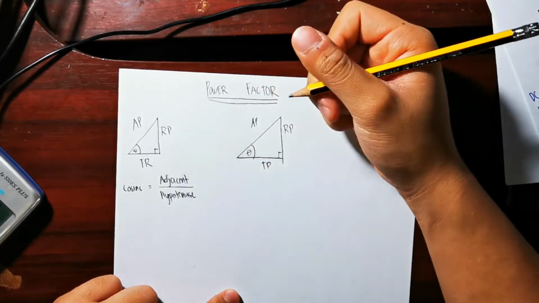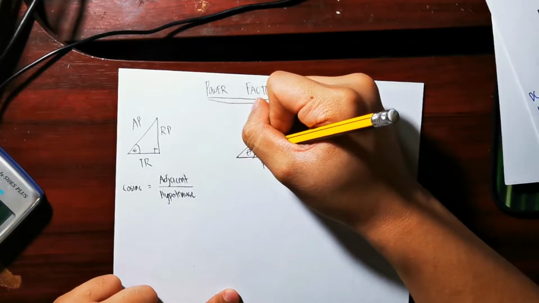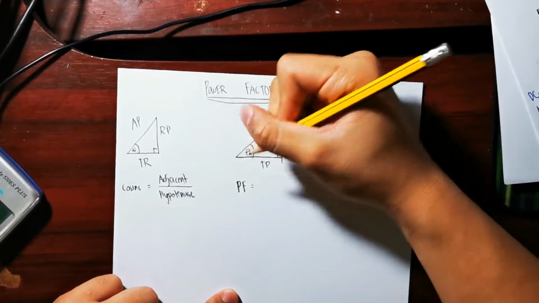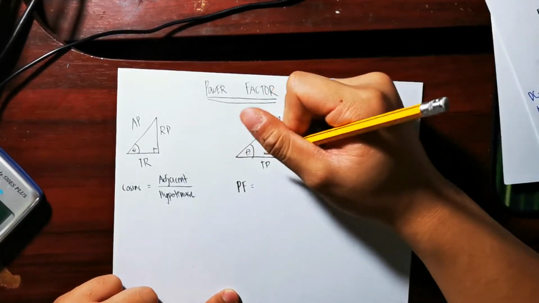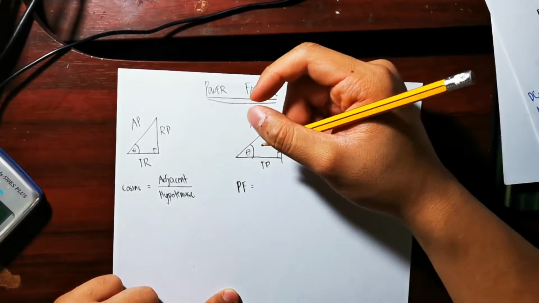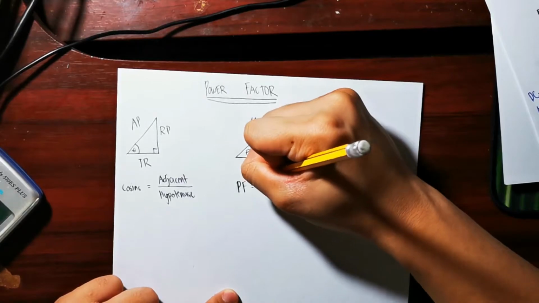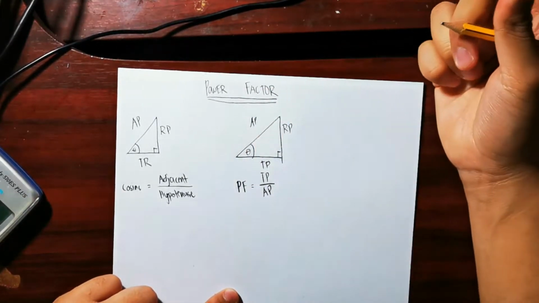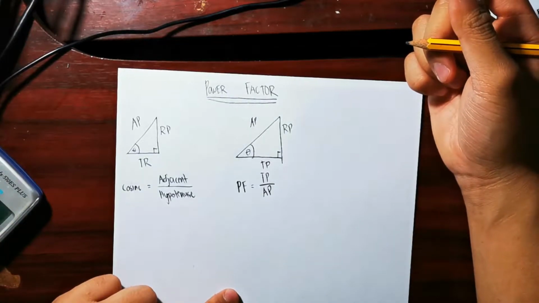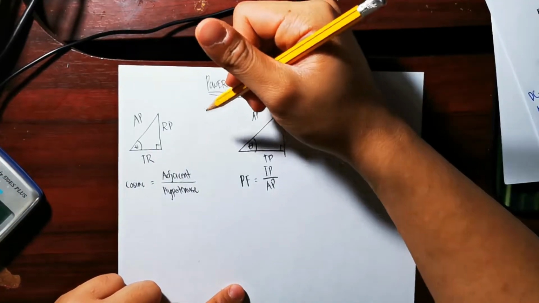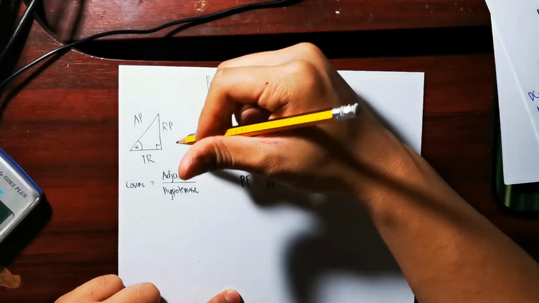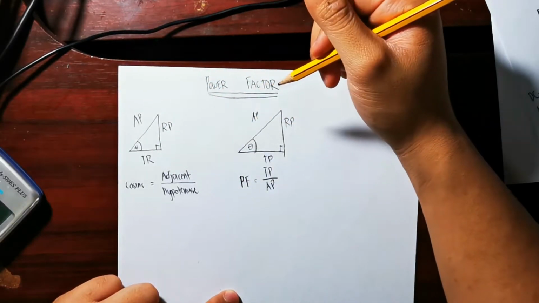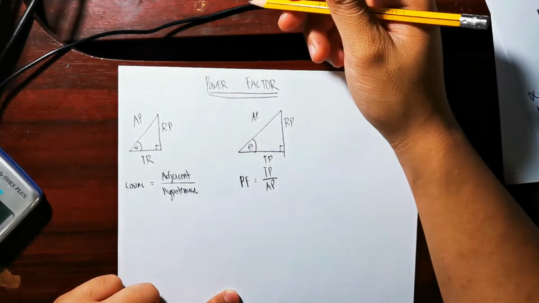And we will look for the power factor, which is PF is equal to TP over AP. So as you can see, the two formulas are similar and they correlate to each other.